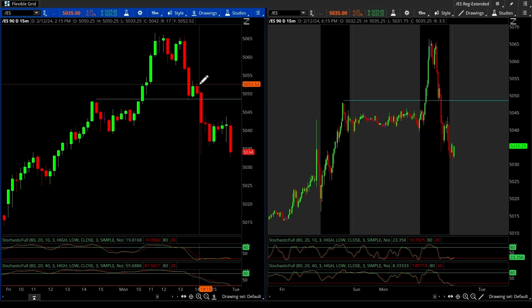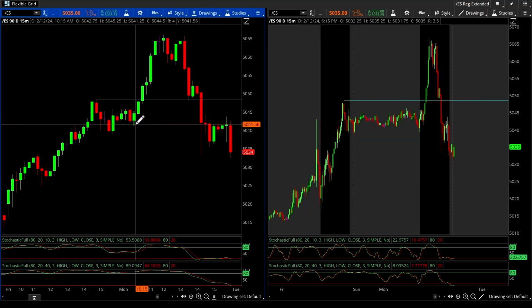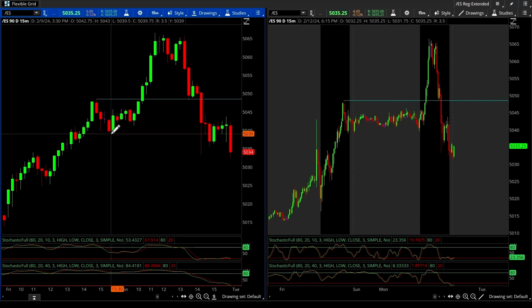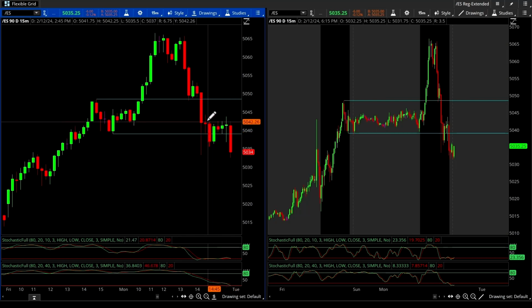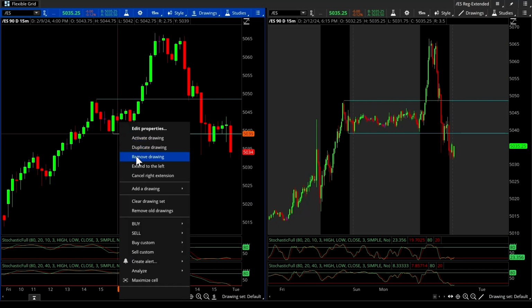And then it couldn't confirm. It didn't go back up, so it blew through. So what's the next obvious levels? Well, we got one here and one here, and it did work in other candles, as you can see. These levels here, but once it passes through the support, you're just, I don't know, you're playing with fire, if you ask me.